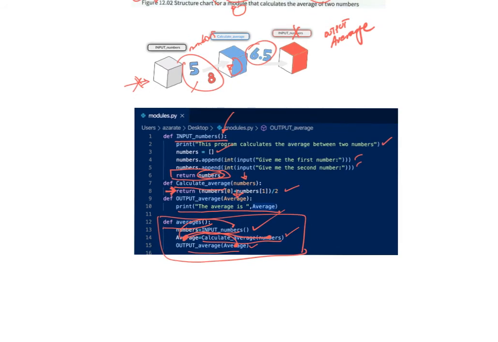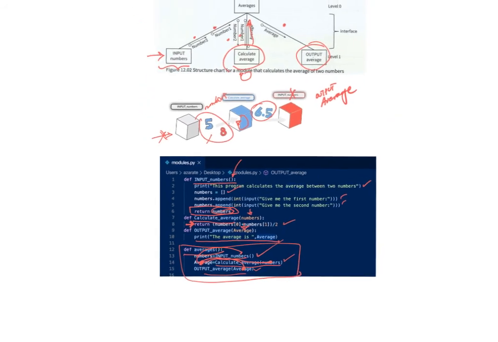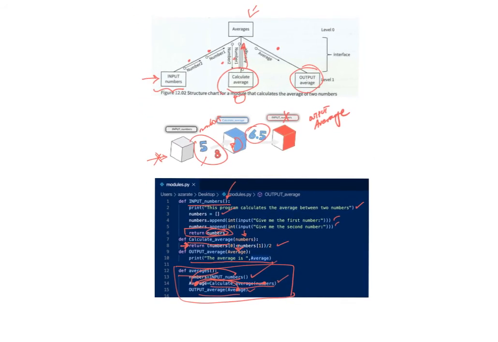All right, so I hope that makes clear how one solution that we designed here in structure chart provides us with information on how we're going to use the different modules and how they're going to interact through different returning values, right?